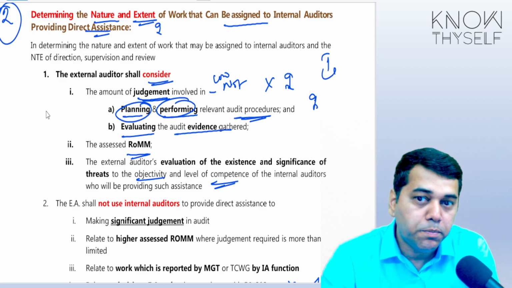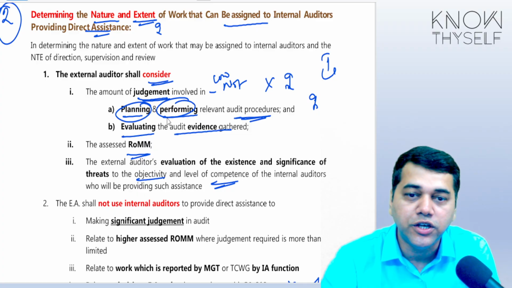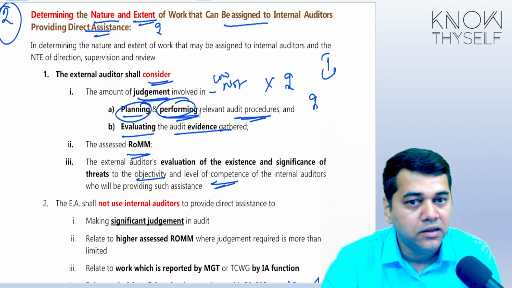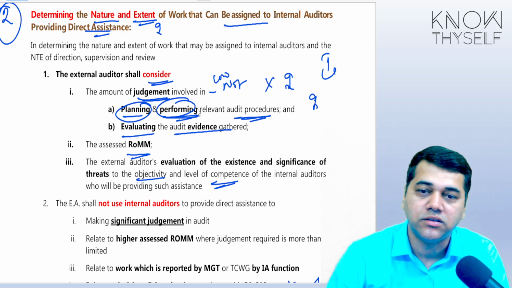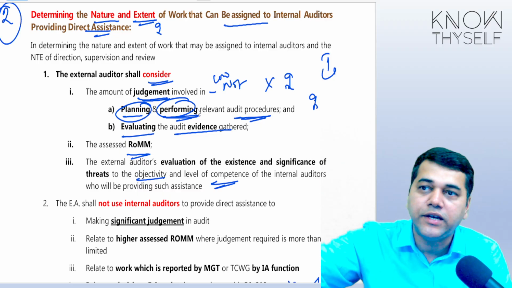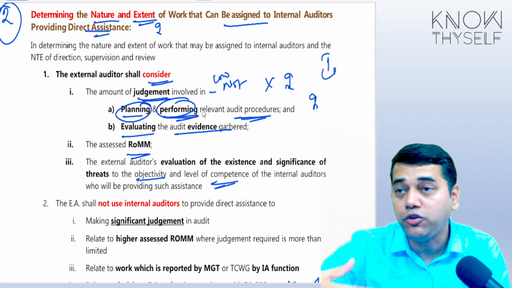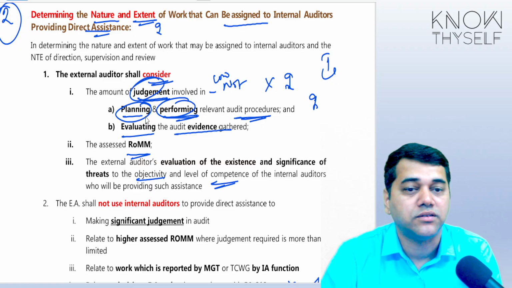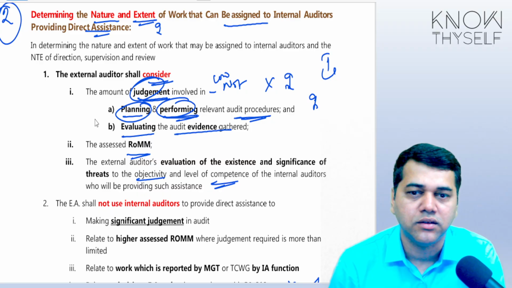You need to plan it, gather so much data from so many people, perform that test, and have a complex model. Or derivative evaluation, or a financial instrument evaluation: you need proper planning and you need to perform your procedures properly. It requires a lot of judgment. Can I give this job to the internal audit department? No, I should be doing it.